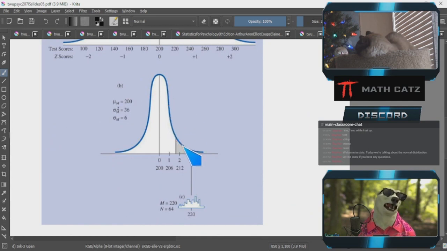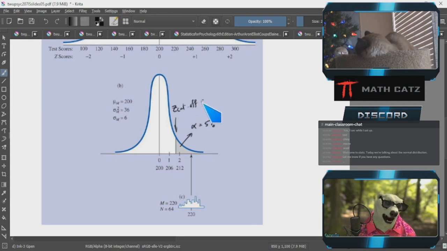We're going to have, I think, 5% here for our alpha as our confidence level. That gives us our familiar z cutoff. I'm just trying to see where I can write this. Maybe over there. Z cutoff that we looked up in the tables last time. What was it? 1.64.